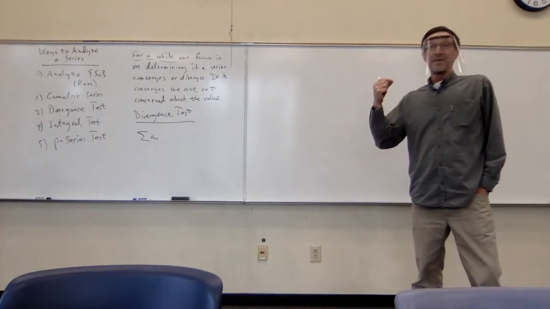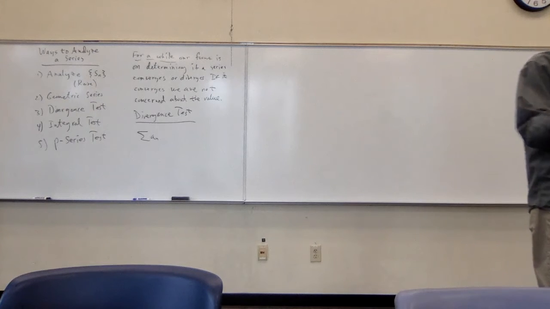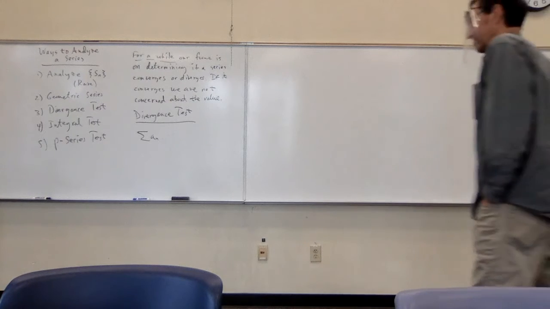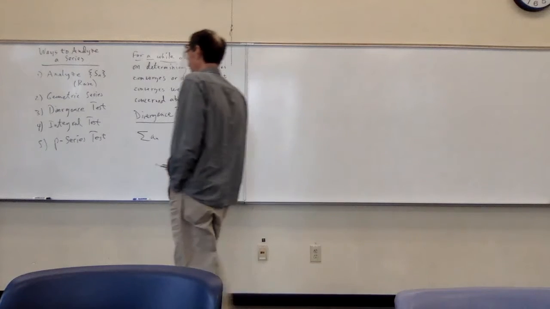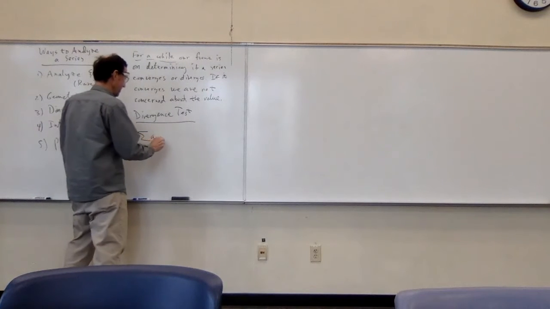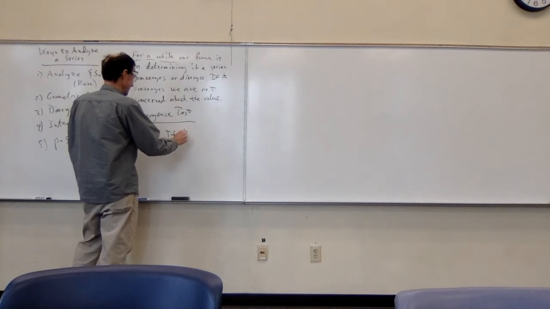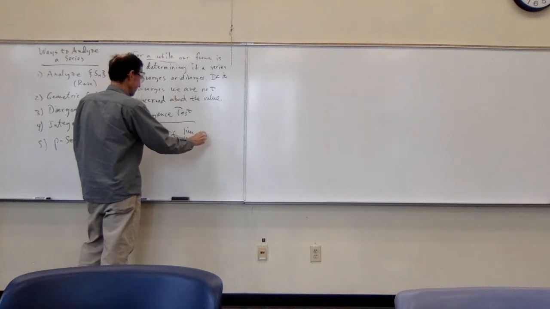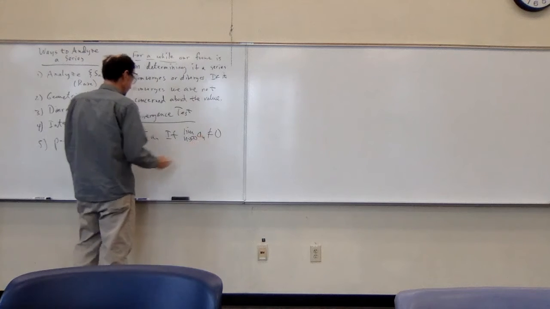And if we talk about a sum that's not an infinite sum, then I'll write the indices so that we're clear. I want to determine behavior. If the limit as n goes to infinity of a sub n is not 0, it diverges.